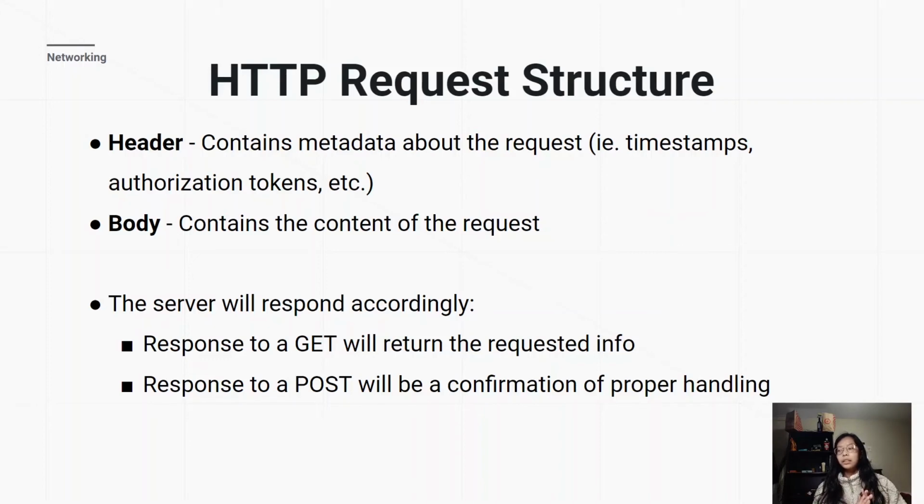The server will generally respond to this HTTP request with two different types of responses. If you make a GET request, it will return the requested information. And if you make a POST request, it'll usually give you a confirmation about whether or not that request was actually handled. A lot of times you might make a POST request and it might send back something like, hey, that request failed, please try again. Or it might tell you something like, hey, it actually succeeded, congratulations.